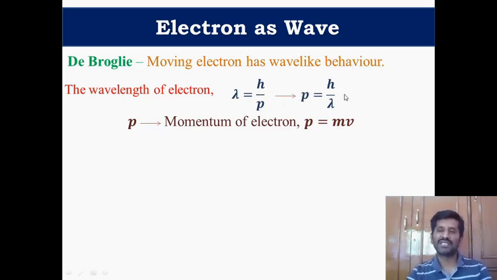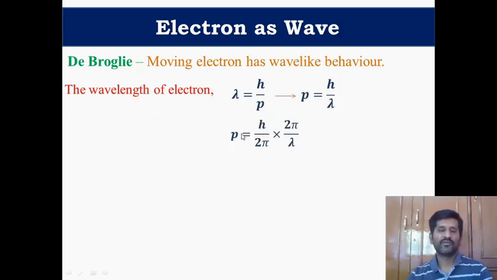In order to convert this equation into a very useful form for our discussion, I am multiplying and dividing the right side of the equation by 2 pi. We get momentum p is equal to h by 2 pi into 2 pi by lambda, where h by 2 pi is the modified Planck's constant, denoted by h cross. 2 pi by lambda is the number of electron waves per unit length.